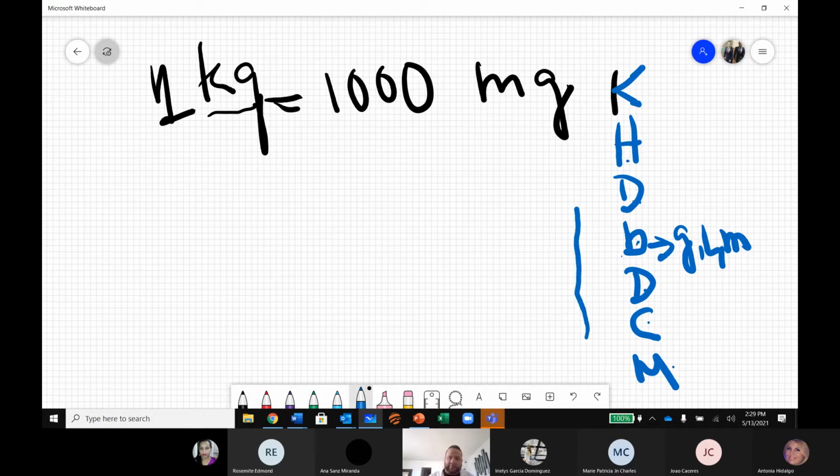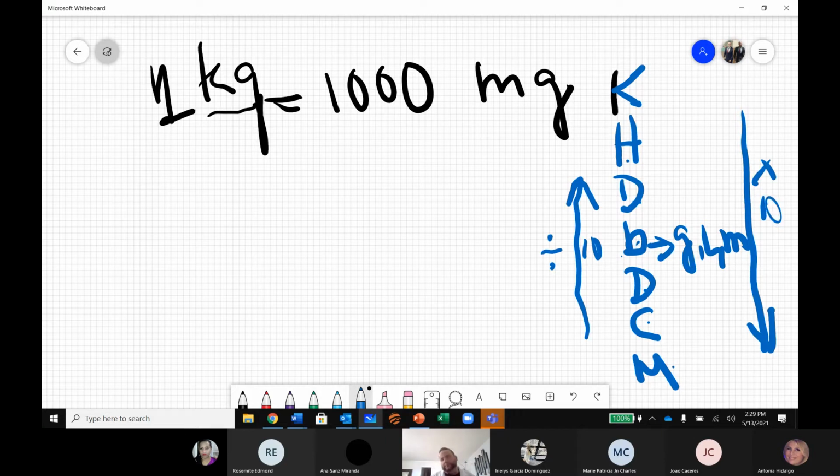If you're going up, you need to divide by 10. If you're going down, you need to multiply times 10.